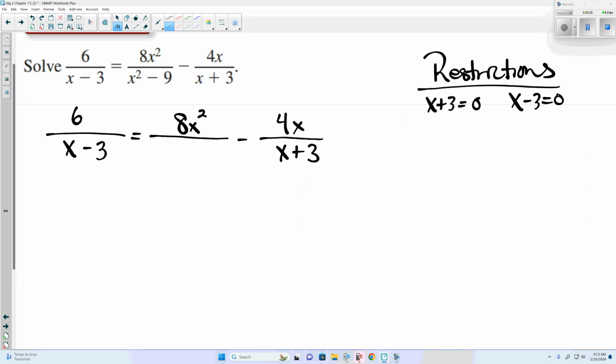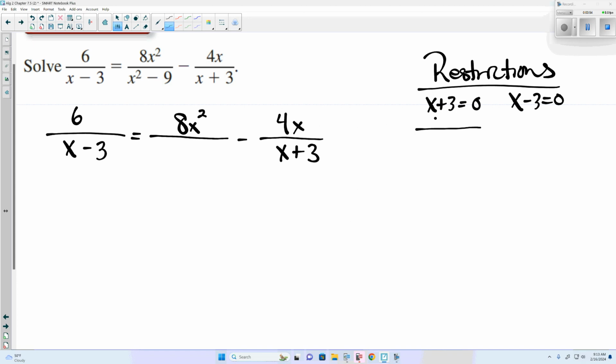Because if either one of these, x plus 3 or x minus 3, became 0, we would have a division by 0, and it wouldn't work. Those values of x that would make x plus 3 or x minus 3 be 0 have to be removed.